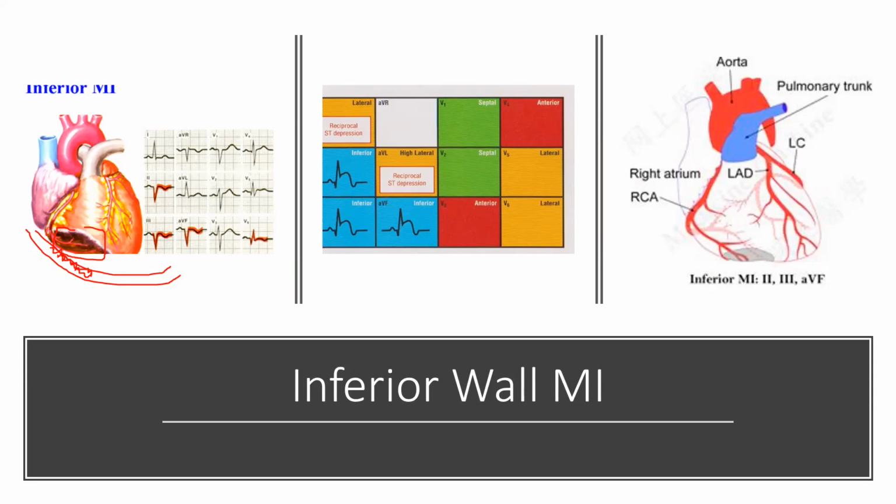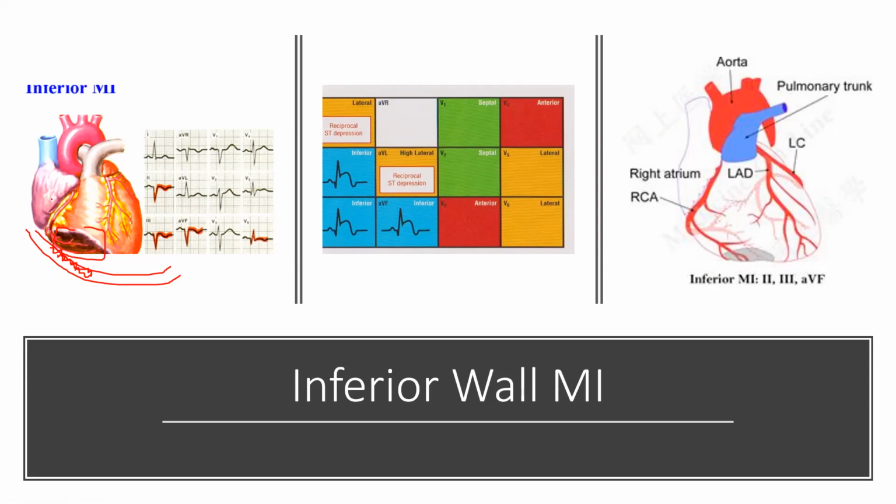If I have ST elevation in lead 2 and nothing else in 3 and aVF, I cannot diagnose an inferior wall MI. But if I have ST elevation in 2 and aVF, I have the criteria satisfied for the diagnosis of an inferior wall MI. So you must have 2.